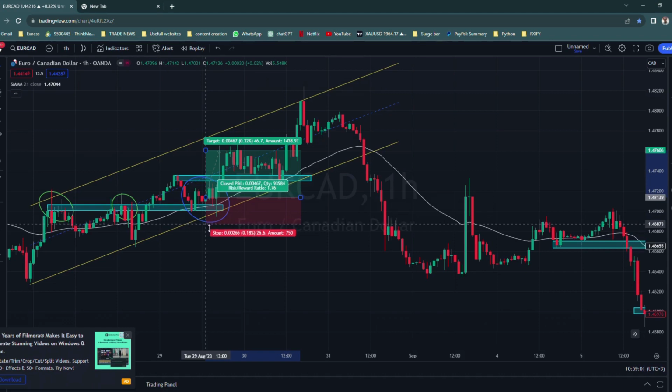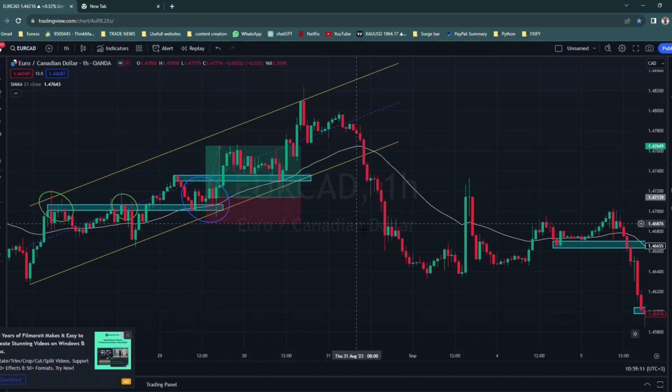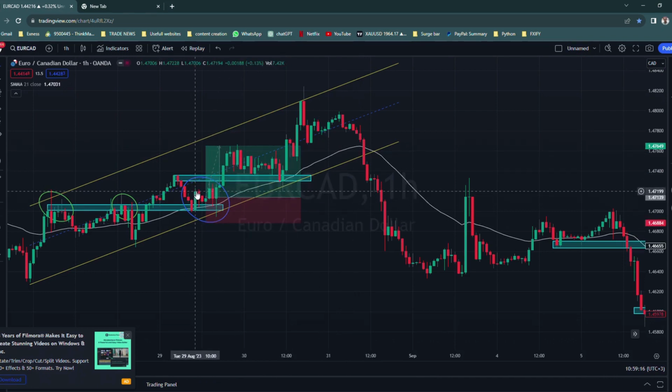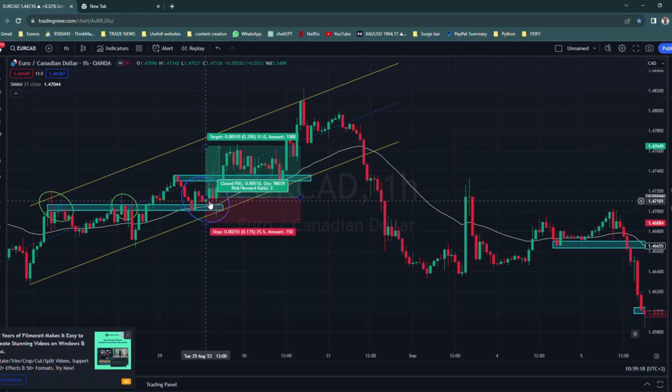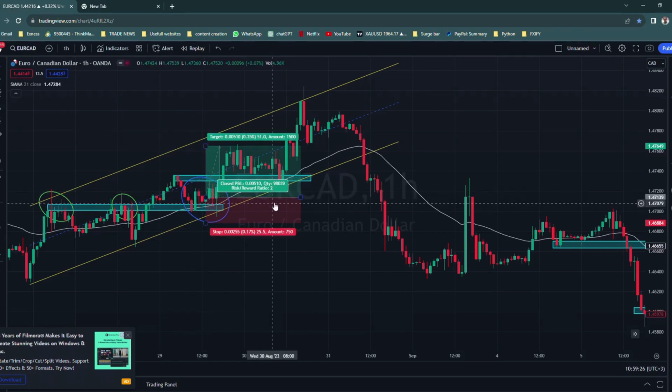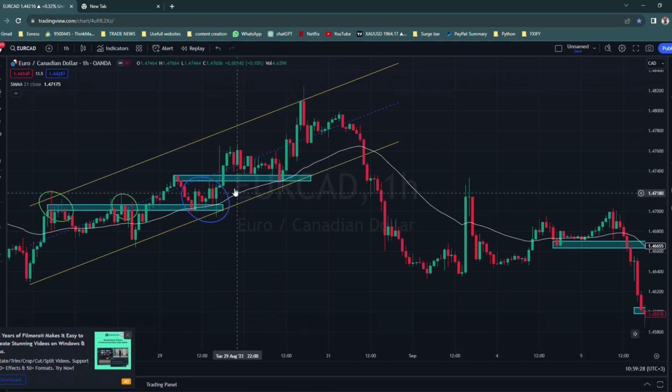The risk will be around there, and the 1 to 2 will be just around there. So in this situation, if you enter a trade here, enter also on the pin bar. This will give you an opportunity to have such a good trade on the pin bar, and have another trade on the different confirmations.